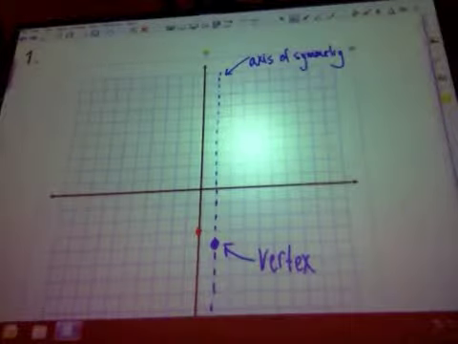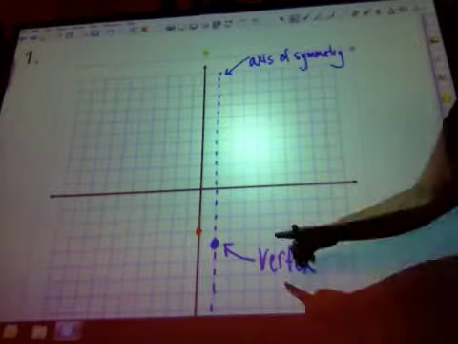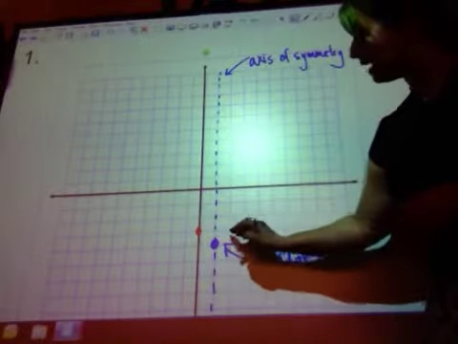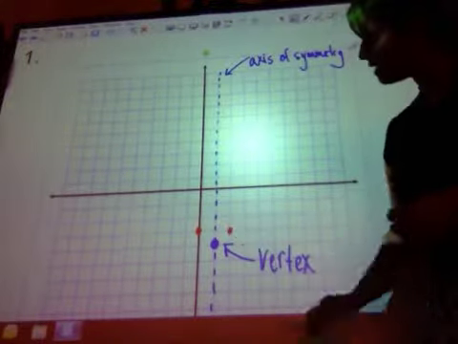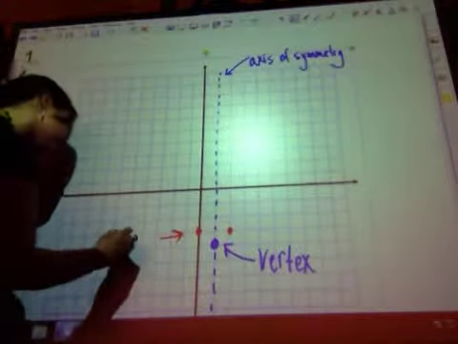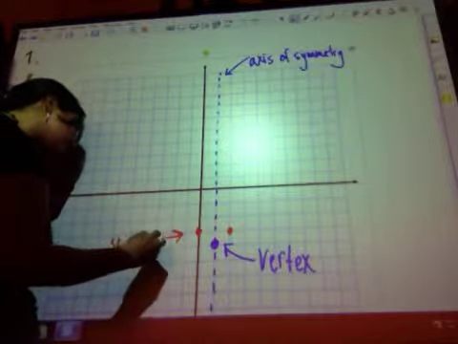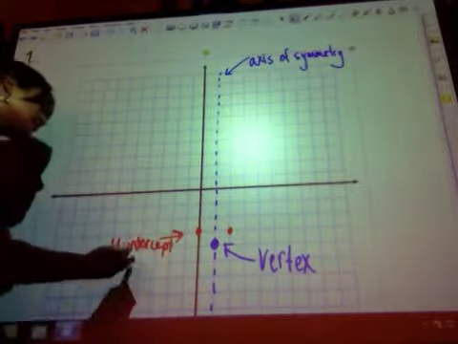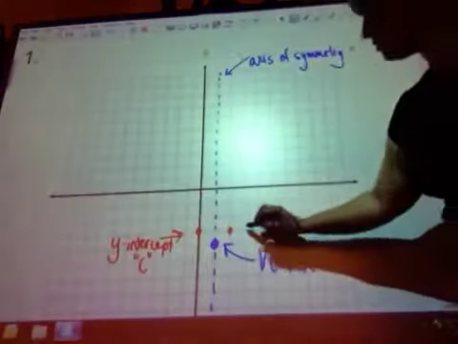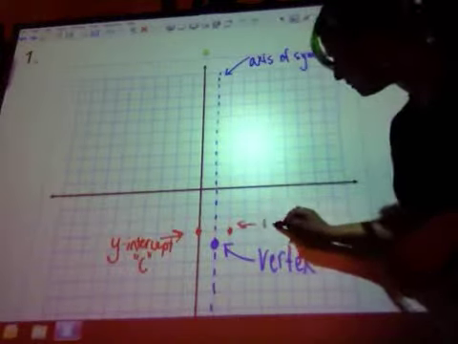Then we're going to reflect that across the axis of symmetry. So we've got our dotted line. Remember I said that's where you could fold it in half? If you did, the red dot would end up over here. So I'm just going to go ahead and label this y-intercept, or the c. And then this dot is just the reflection of the y-intercept.